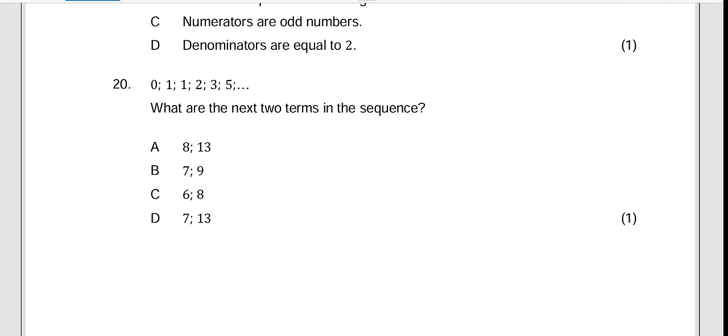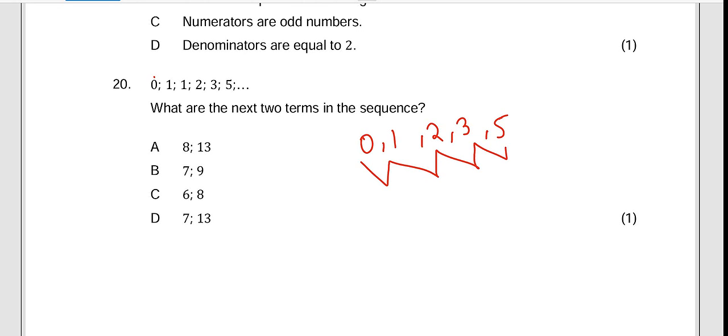So number 20: what are the next two terms in the sequence? Let's check from here. We have 0, 1, 2, 3, and then 5. What are the next two terms? Let's check the pattern first, if we have a common difference or a ratio.